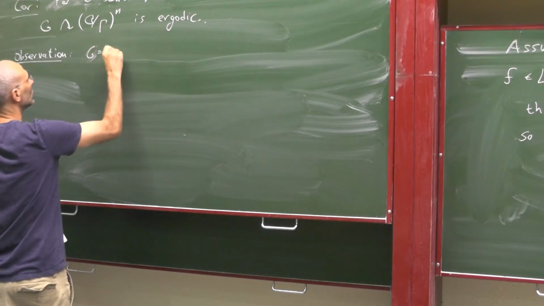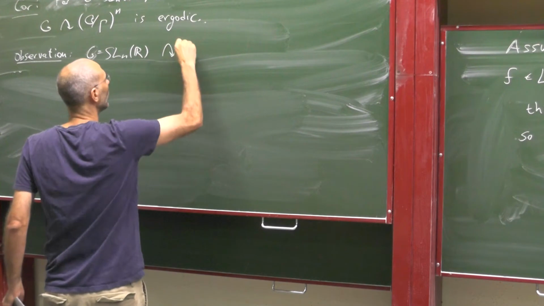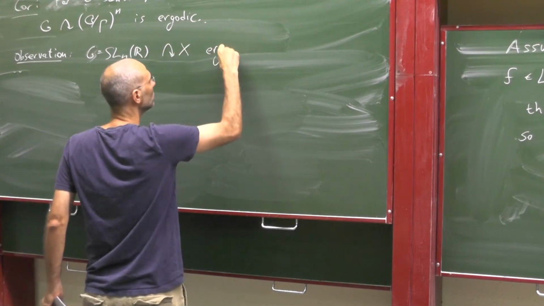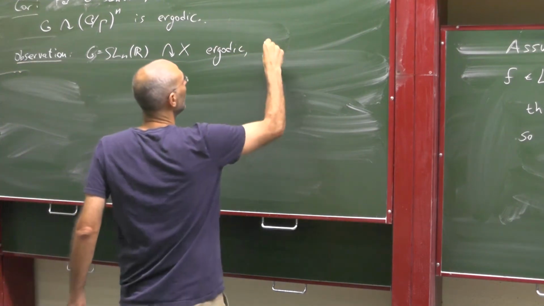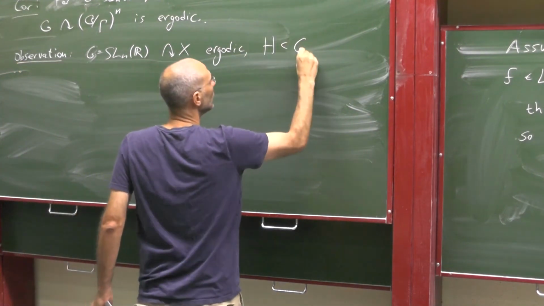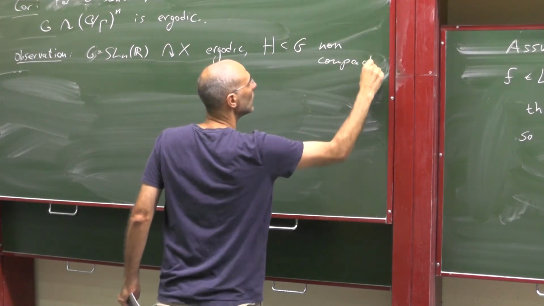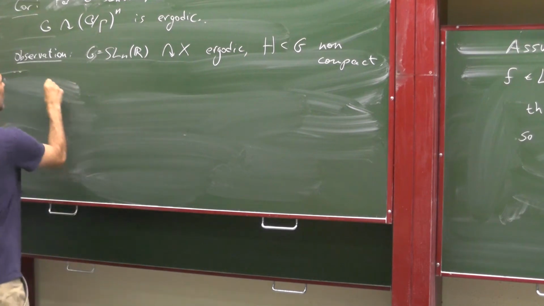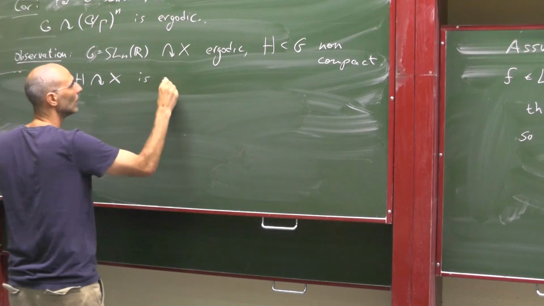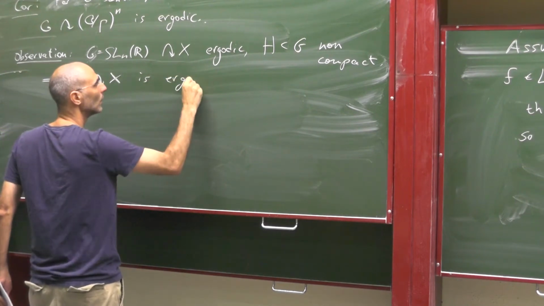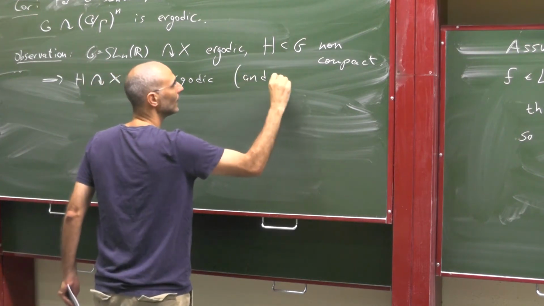G, which is again SLN now, acts on X, ergodic, and by the way, metrically ergodic. H in G, non-compact. Then also the action of H on X is ergodic. And actually metrically ergodic.